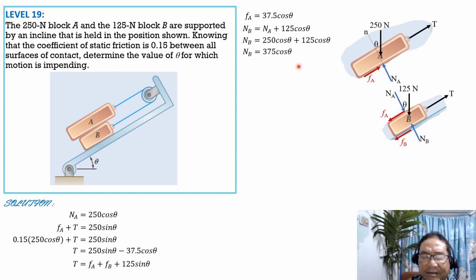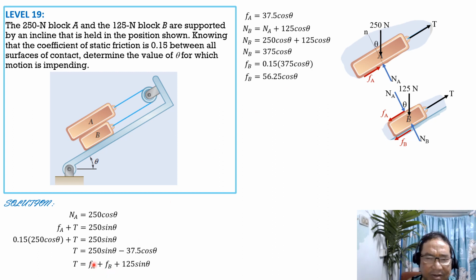From there, we substitute the value of T. FB is 0.15 times NB, so FB is equal to 56.25 cosine theta.